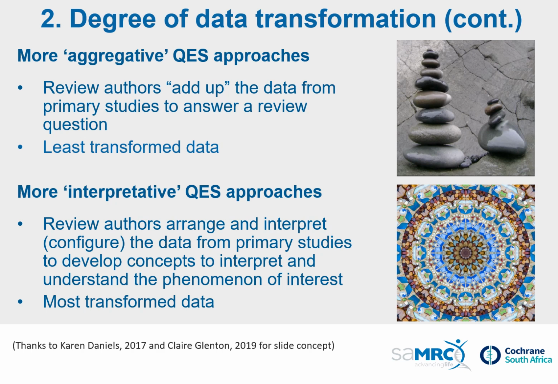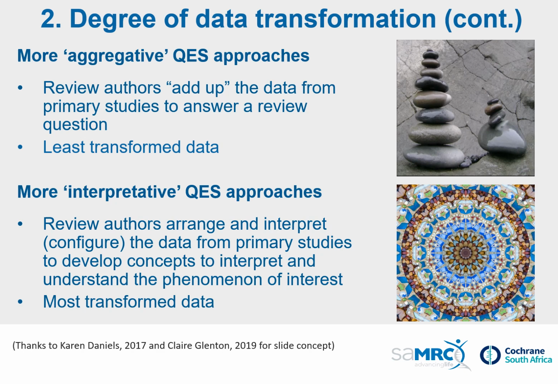So in the context of a QES, more aggregative QES approaches involve review authors adding up or summarizing the data from primary studies. Here they're producing quite descriptive level findings, where there's very little transformation of the data.